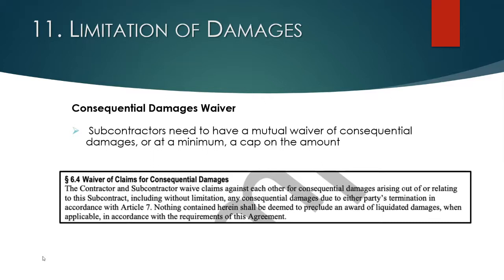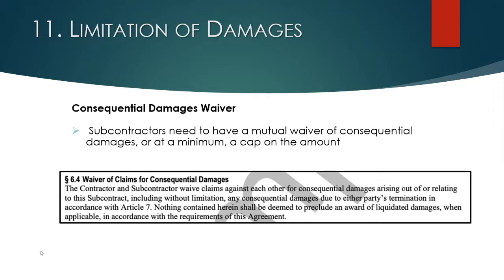Most of these waivers are going to be mutual, meaning you as a subcontractor are also going to have to waive consequential damages against the general contractor. But when you compare the potential consequential damages a subcontractor might have on a job, such as lost profits on other projects or additional financing charges, typically those pale in comparison to the potential consequential damages that an owner is going to pass down to a GC, who is going to pass it down to you if you're at fault.